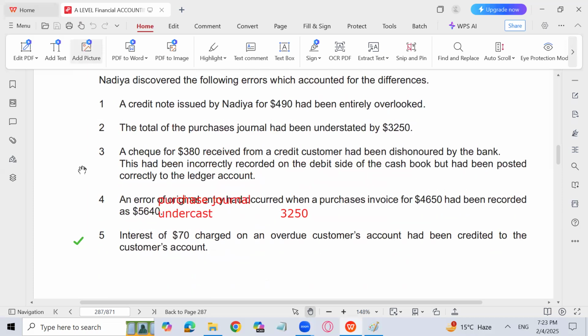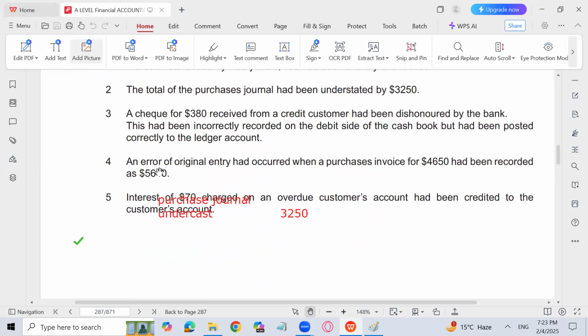Second entry which affects this particular purchase invoice: an error of original entry had occurred when a purchase invoice for 4650 had been recorded as 5640. Purchase invoice again means credit purchases, because an invoice is a document used when goods are sold or purchased on credit.